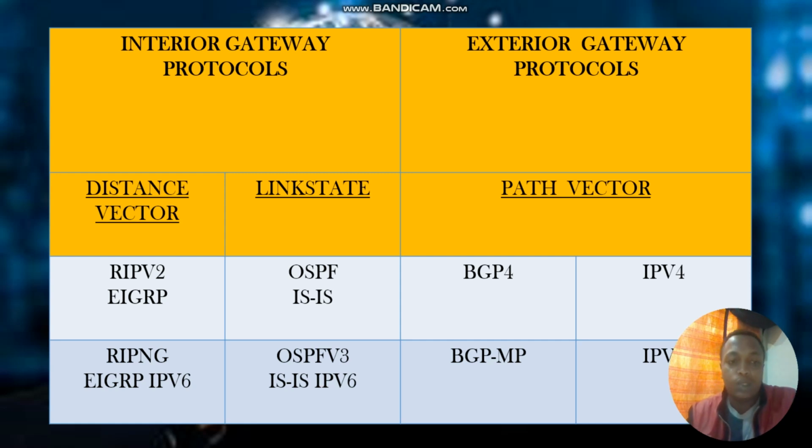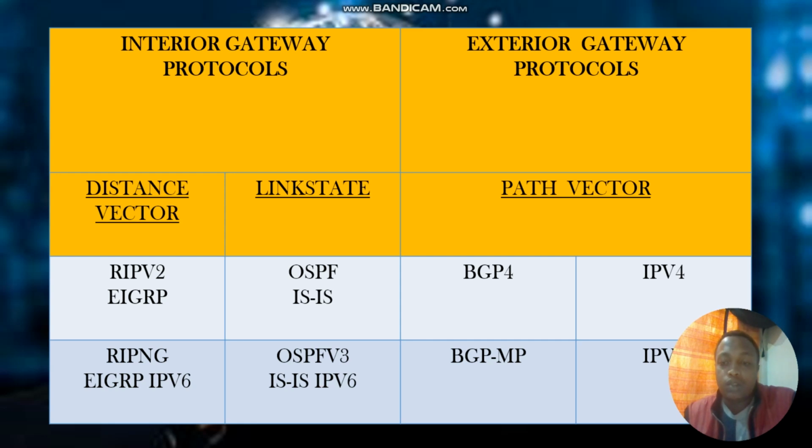For distance vector, we have RIP version 2 and version 1. We have EIGRP, that is for IP version 4, and in link state for IP version 4, we have OSPF and IS-IS, which is Intermediate System to Intermediate System. And for IP version 6, for the interior gateway protocols, specifically the distance vector protocols, we have RIPng and EIGRP for IP version 6.